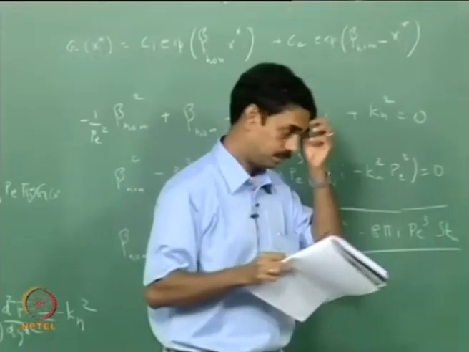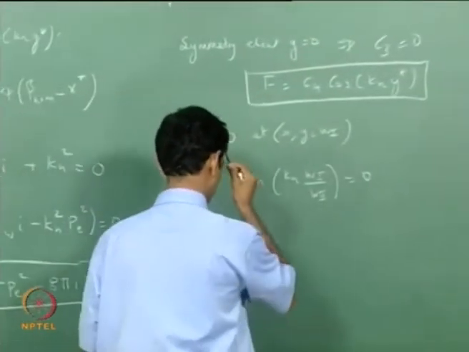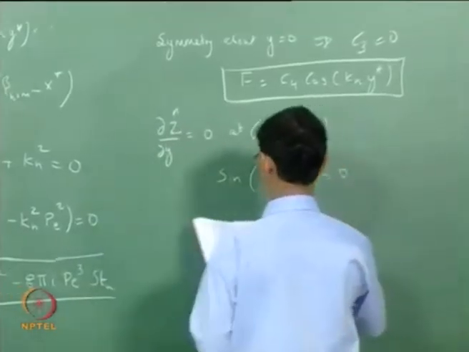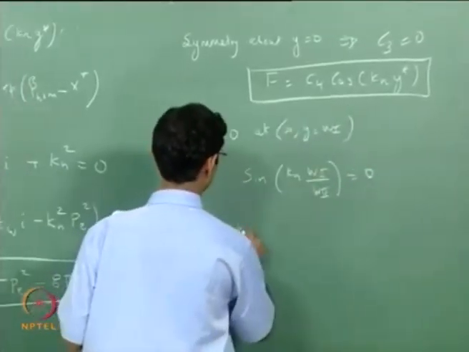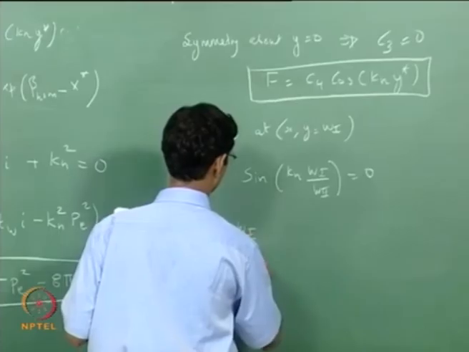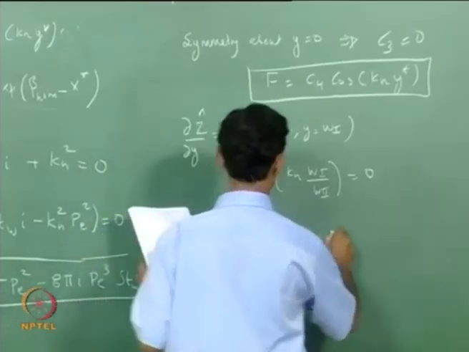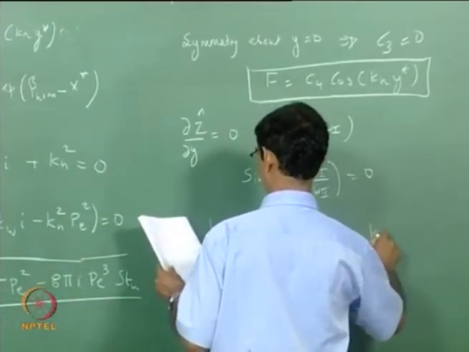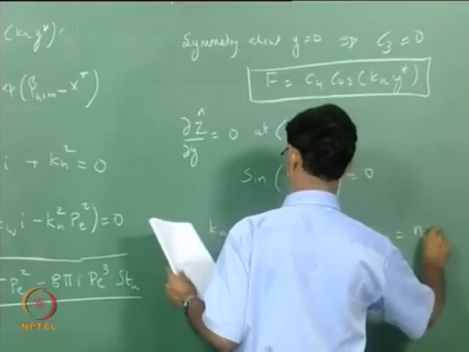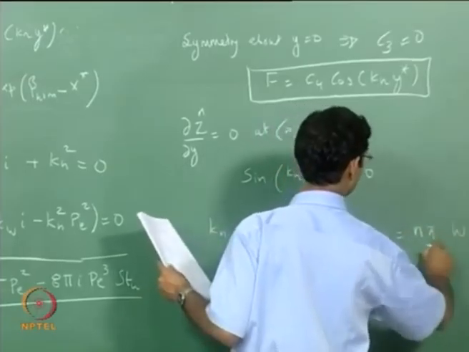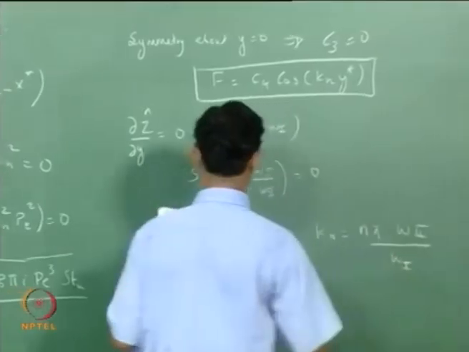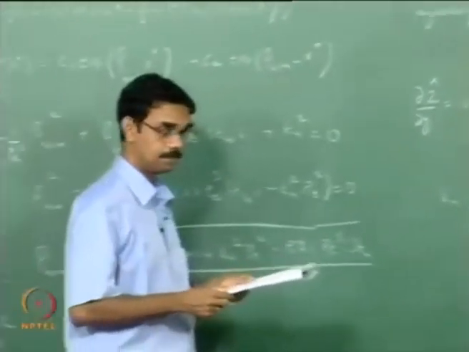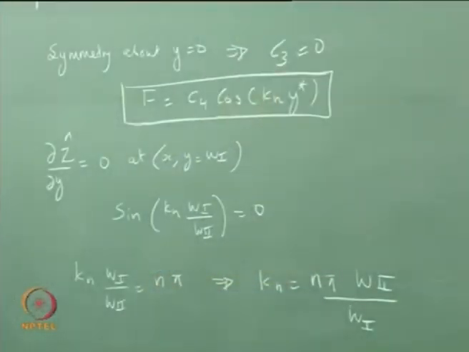For n pi. So kn w1 by w2 equal to n pi, which gives kn equal to n pi w2 by w1. So this is from the wall boundary condition.